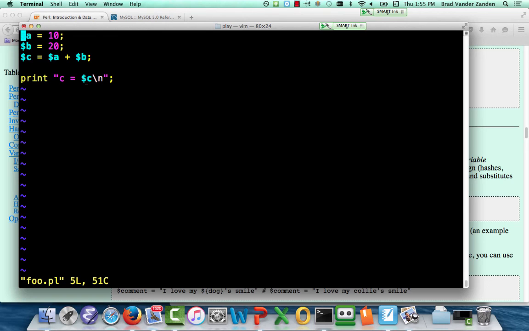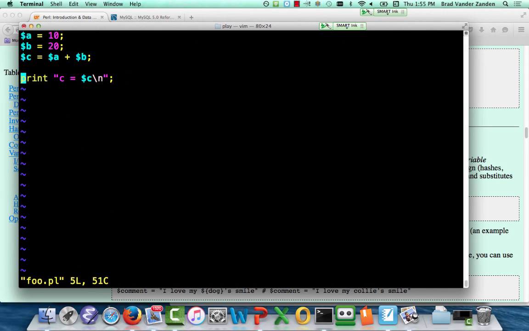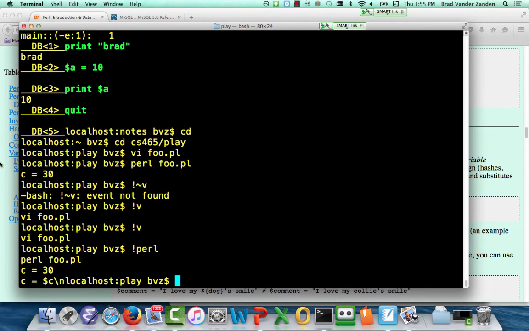Yes? Escape characters are stored normally in single quotes, right? Like \n would still work in single quotes. No, it does not. So watch this. We'll print it again, and we'll just use single quotes. Notice how it didn't work.